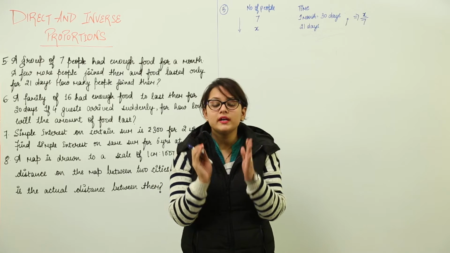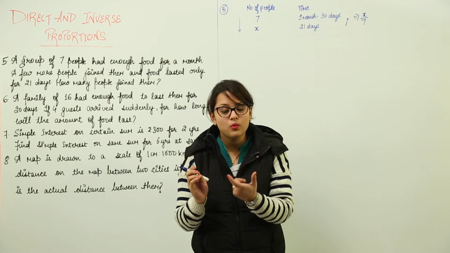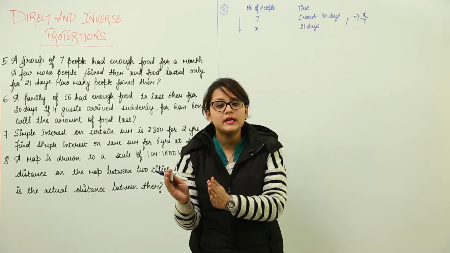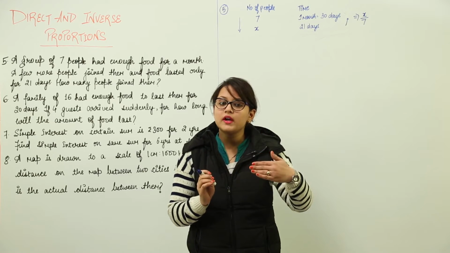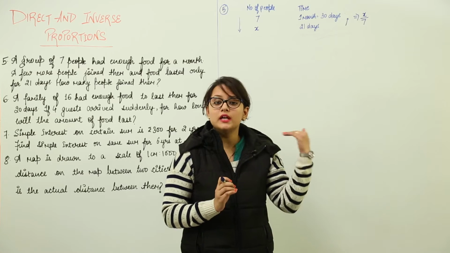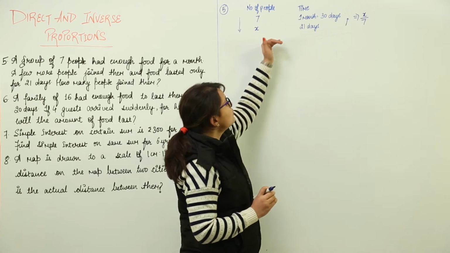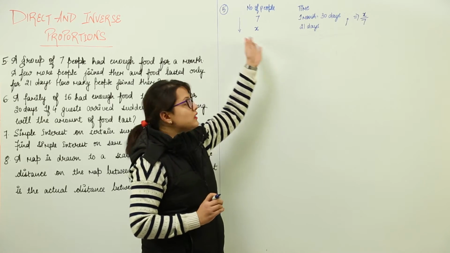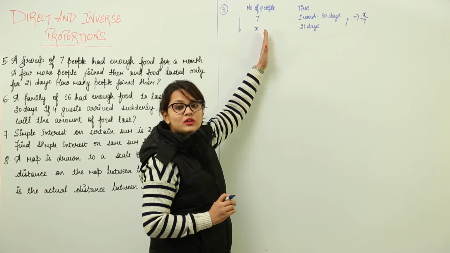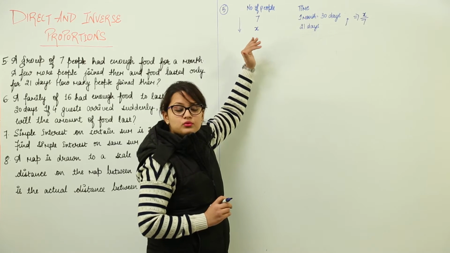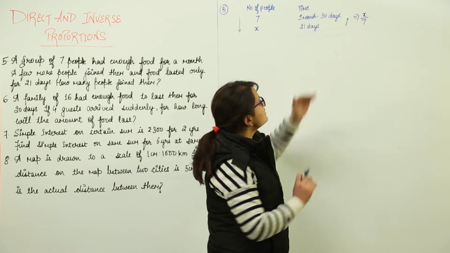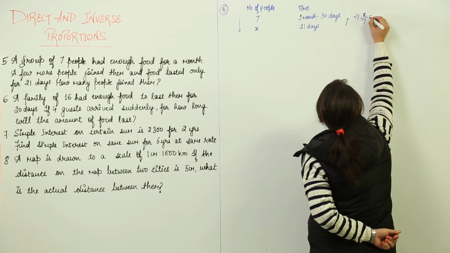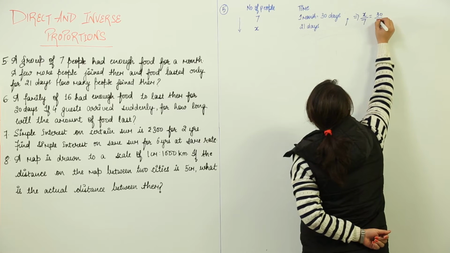You have to identify on your own by reading the question: is it a question of direct proportion or indirect proportion? Once you have identified that this question is of the inverse proportion, you have to do the reciprocal part. The quantities in which the x is written, you have to reciprocate those quantities, right? So you will do x over 7 equal to 30 over 21.